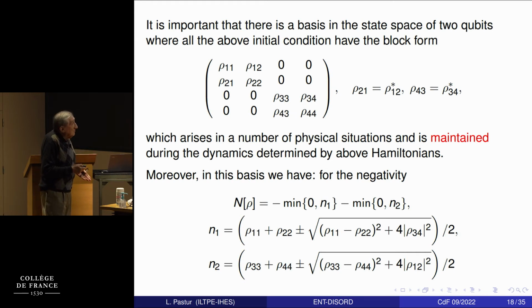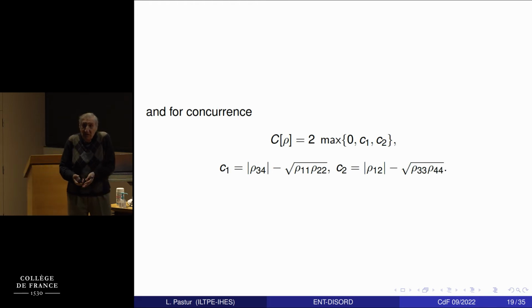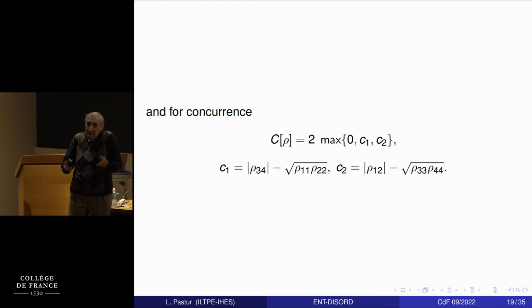But more surprising is that the concurrence is also easy to compute. You have this little c1 and little c2, expressed via entries of your density matrix, and you do this simple maximization procedure and you find C. So we have a nice expression for the entanglement quantifiers.